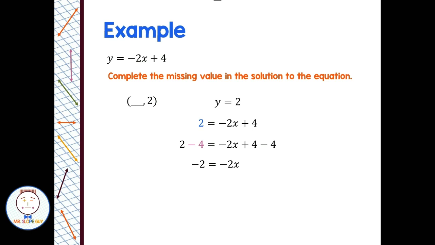And then my last step is to undo what's being done to x. x is being multiplied by negative 2. If I divide both sides by negative 2, I get x equals 1. So for that blank, I'm going to fill in (1, 2). So my missing x value was 1.